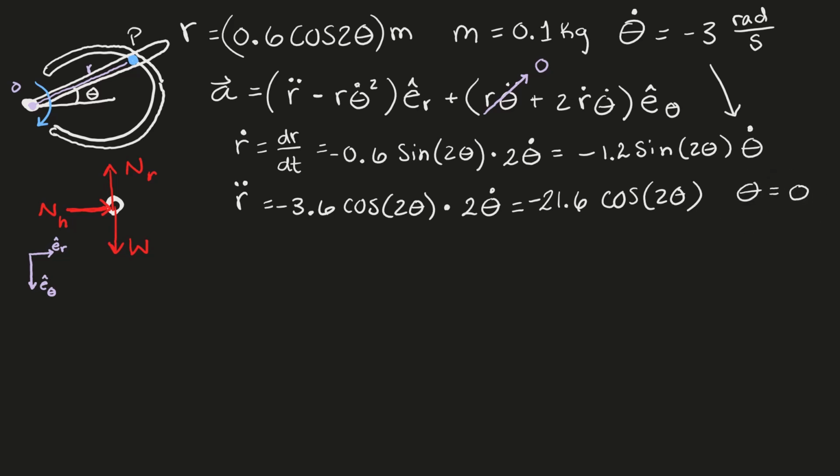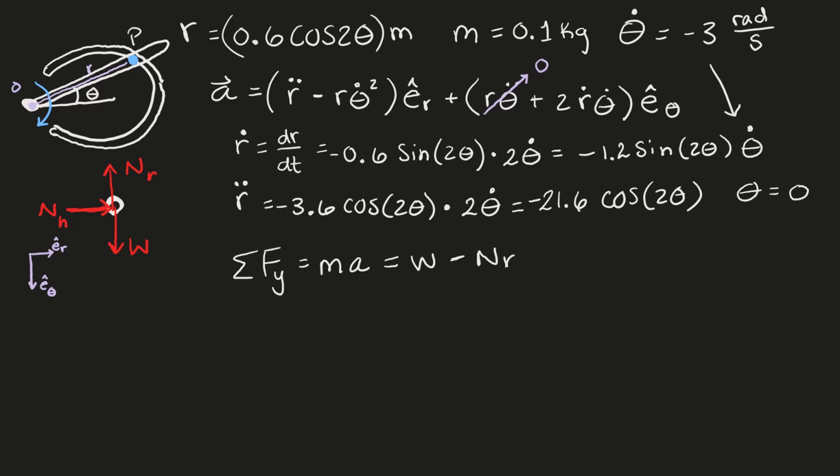All right, now let's write some good old sum of the forces. So sum of the forces in the y direction gives us mass times acceleration equals weight minus normal r.